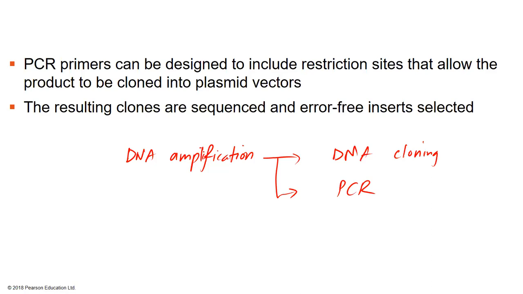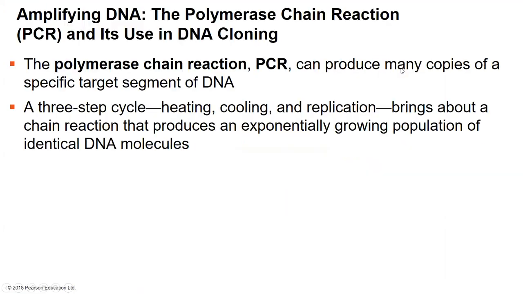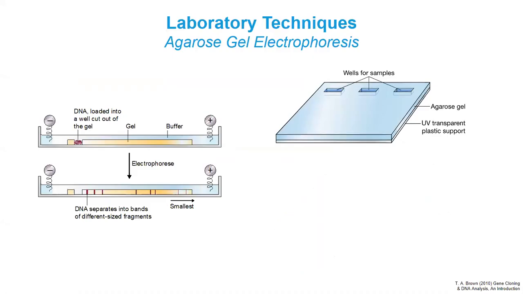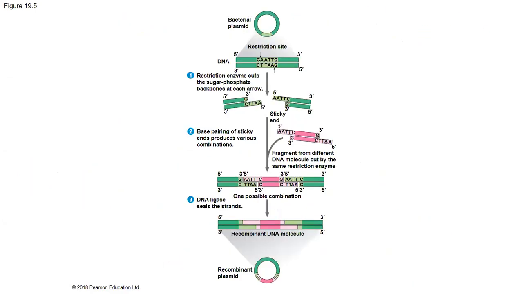If we go back to this slide that shows how cloning happens: in order to do cloning, we need restriction enzymes and plasmid, and we cut the plasmid with the restriction enzyme. So now we have, let's say, an open plasmid like this. This is the rest of the plasmid.